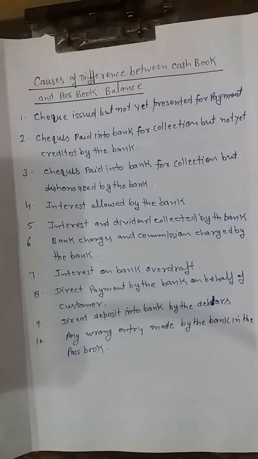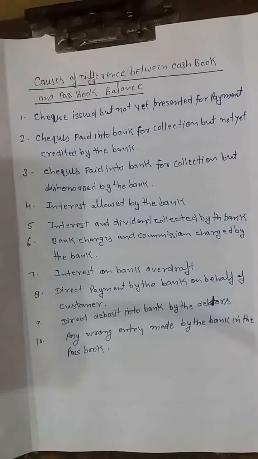Next, direct payment by the bank on behalf of the customer. Usually, an account holder instructs the bank to make certain payments on his behalf, such as payment of insurance premium, interest on loan, electricity bill, etc. The bank will debit the party account on making the payment, and this reduces the bank balance.